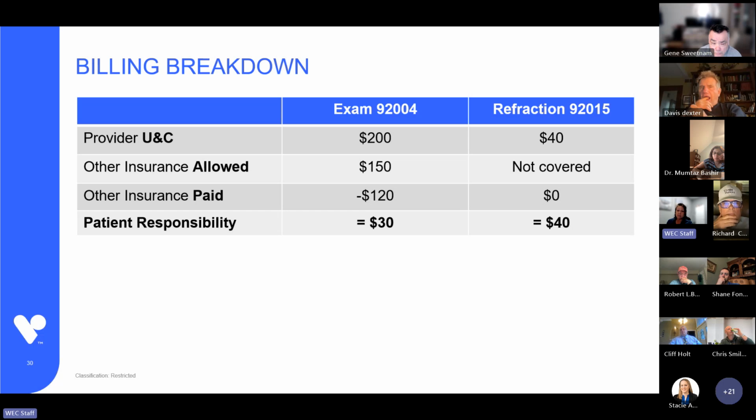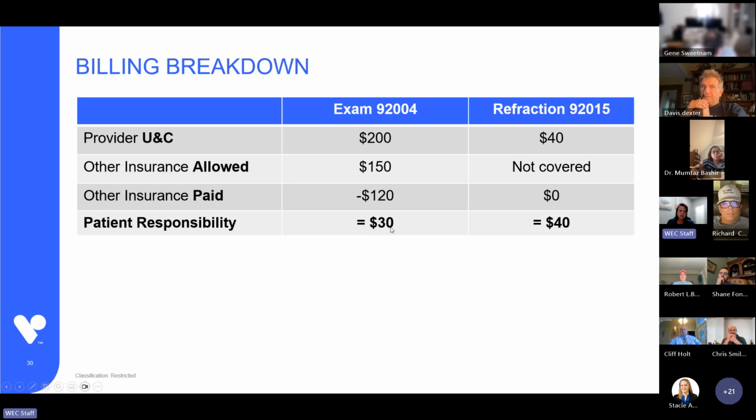Now, for the refraction, because it's not covered, well, then you can collect your full usual and customary. But for the 92004, because that is a covered procedure through Blue Cross Blue Shield and payable, then you agreed that you're only going to collect $150. Okay, so in this example, the other insurance, meaning Blue Cross Blue Shield, paid $120, even though I have $150 that's the allowed amount.